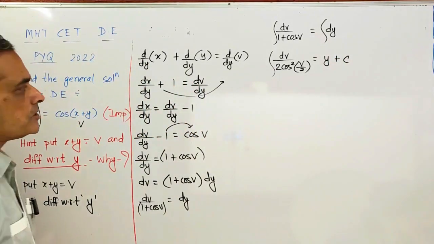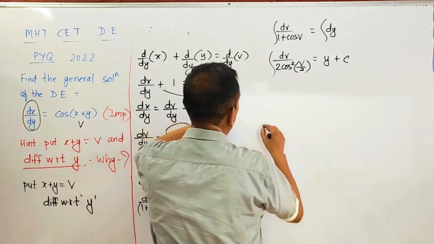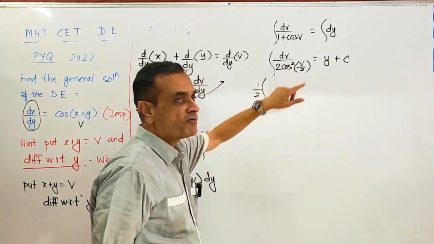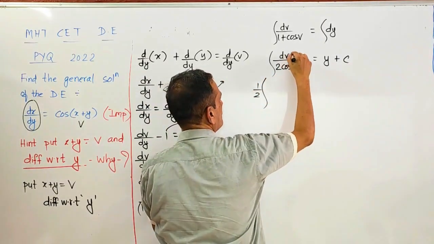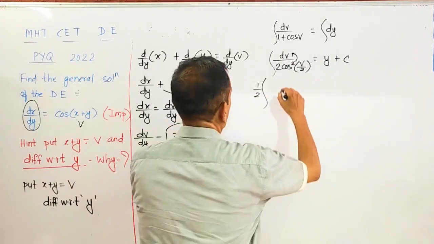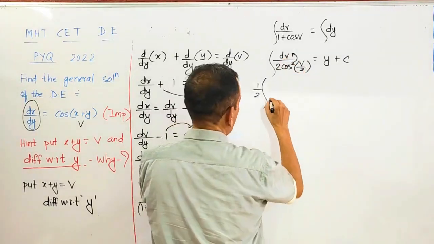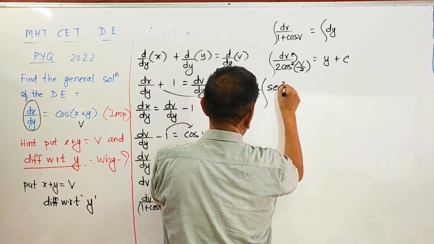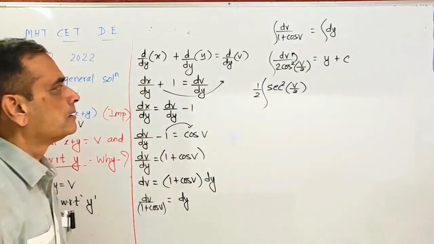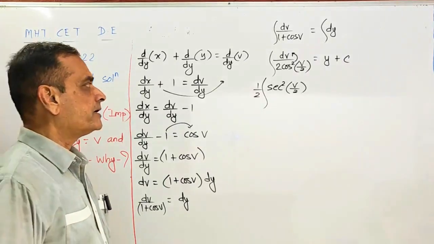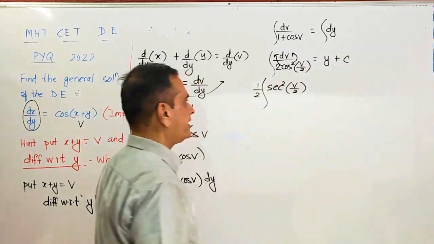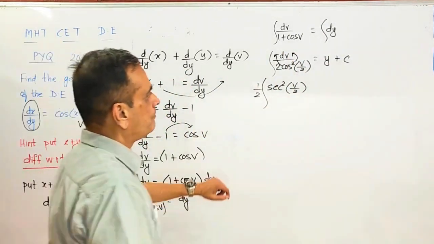So now on the left hand side we have to solve the integral. Take 1/2 outside. Take cos square up here. So when cos square goes in the numerator, cos gets converted into sec, by the definition of trigonometric ratios. It becomes sec squared v by 2.